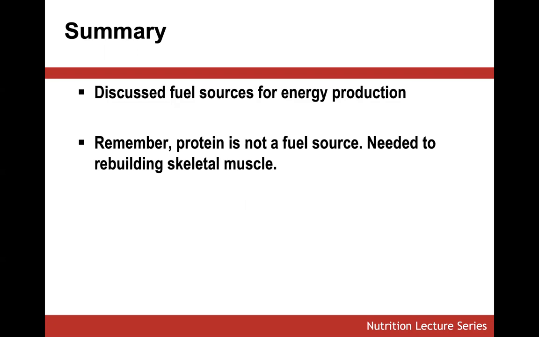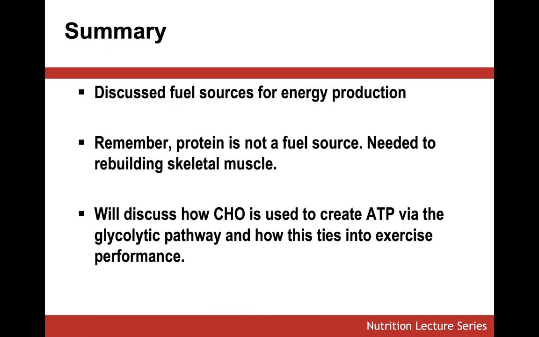When we're working out in the gym, you're essentially tearing down the muscle, and the body needs protein to rebuild that muscle. And finally, in future lectures, starting probably in lecture number 4, we'll discuss how carbohydrates are utilized within the glycolytic pathway and the oxidative phosphorylation pathway to create ATP, our primary energy fuel source.